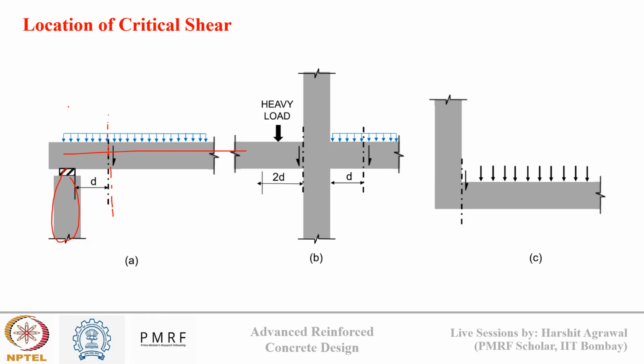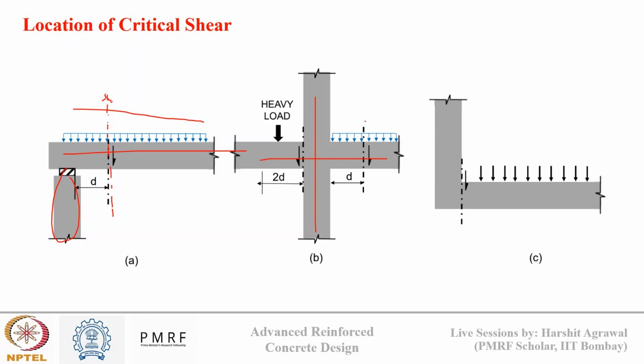So when you draw the shear force diagram, at a distance d away from the support you can see the shear force acting, and for this shear force you can design the shear reinforcement for the entire section.